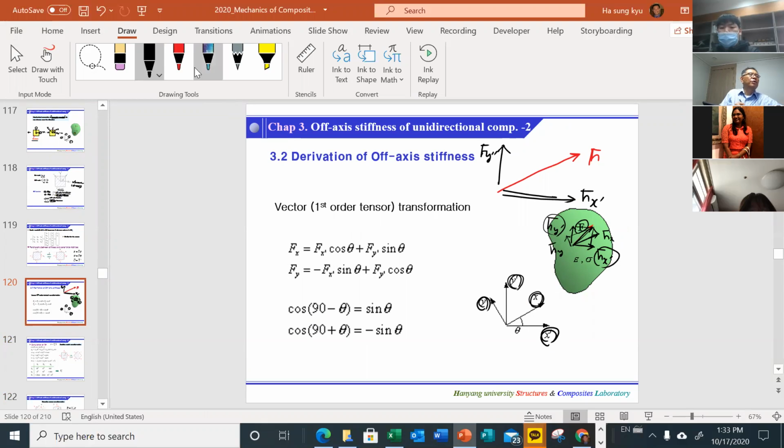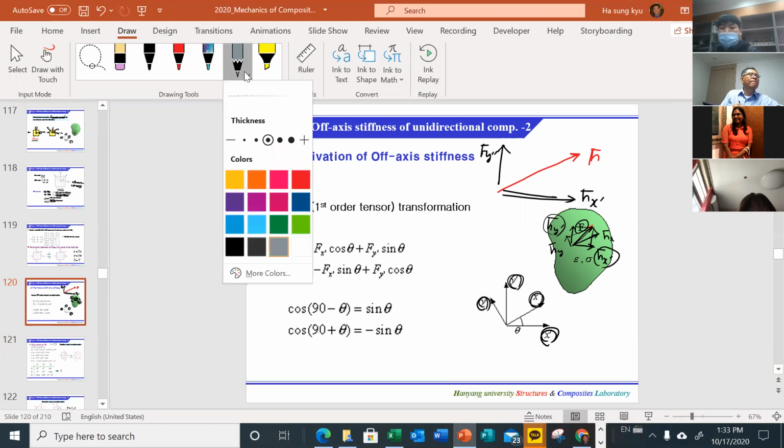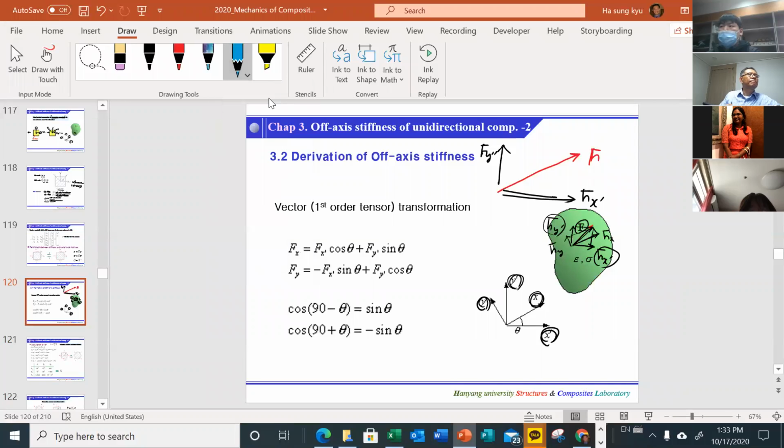And with a different coordinate system, this will be fx, and that will be fy.